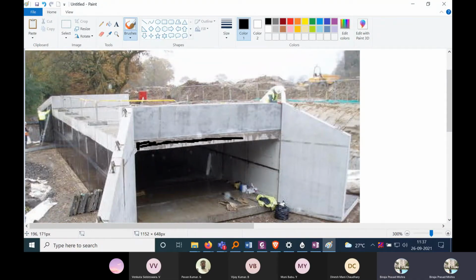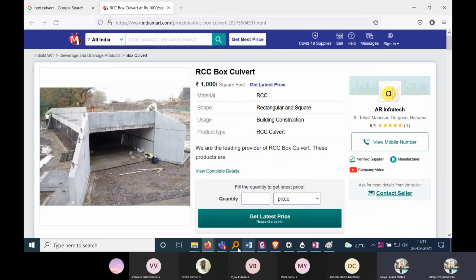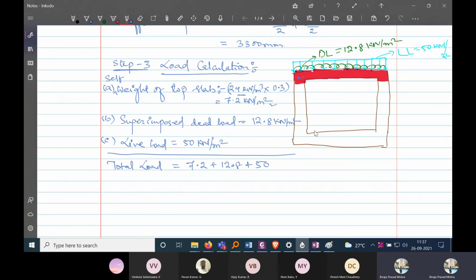This entire structure is made up of concrete. So the self weight of this slab will be the density of concrete, and that is what I have added, 24, over here.